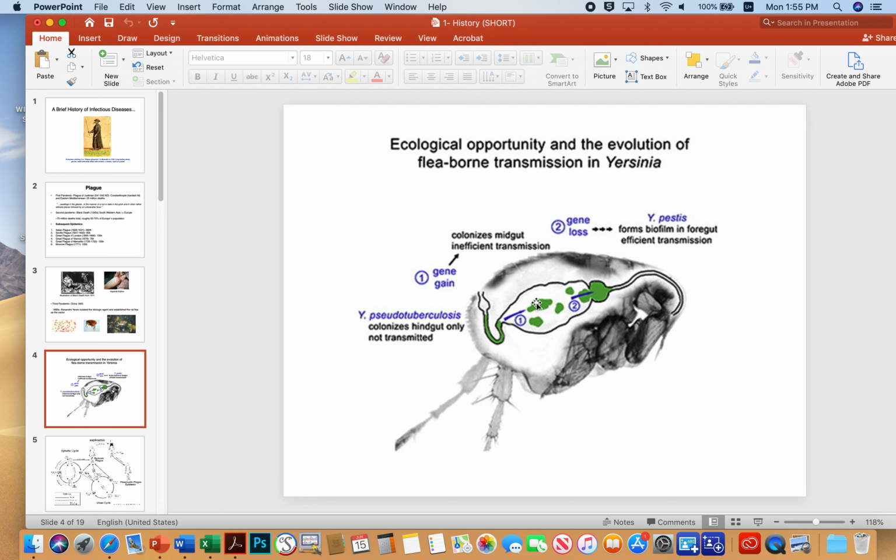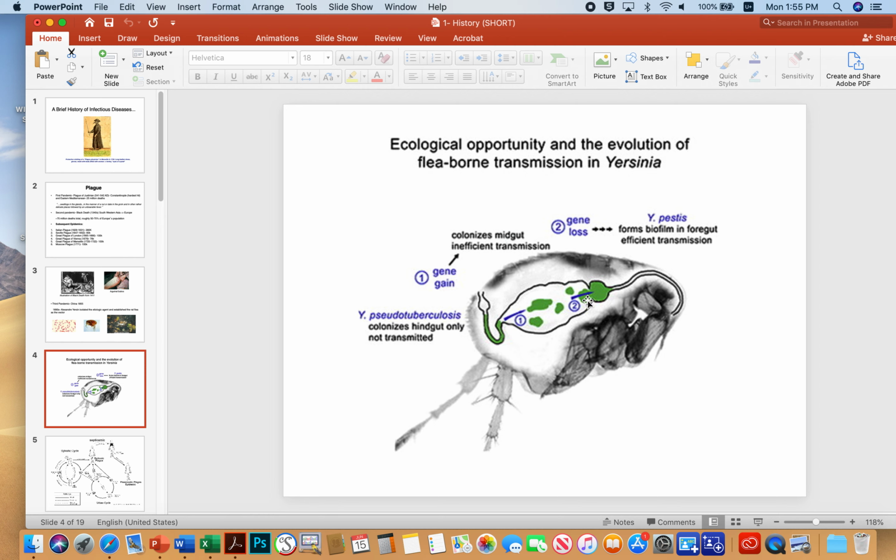into this midgut, and then eventually these bacteria lose some particular genes, and the loss of these genes allows them to enhance biofilm formation. And so the genes probably are some kind of repressor for biofilm formation, for example. And so by losing these genes, the repressor is gone, and now they become a strain of bacteria that has a really good biofilm producing capability.